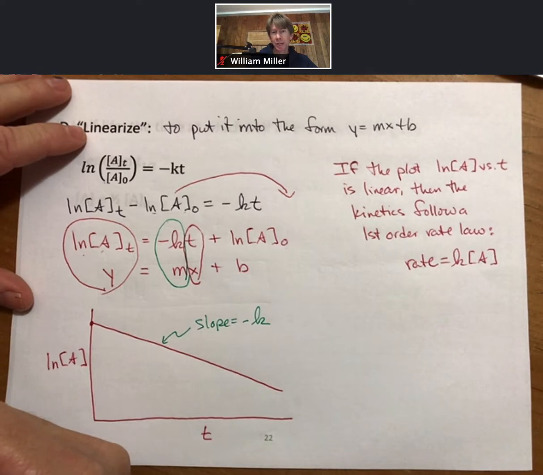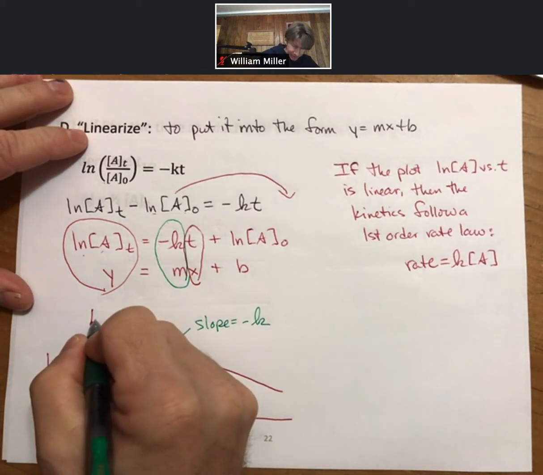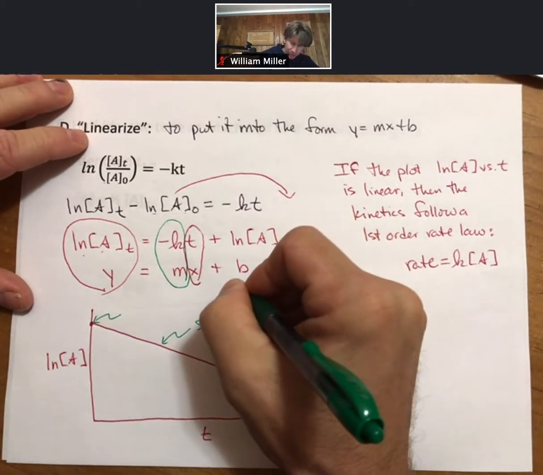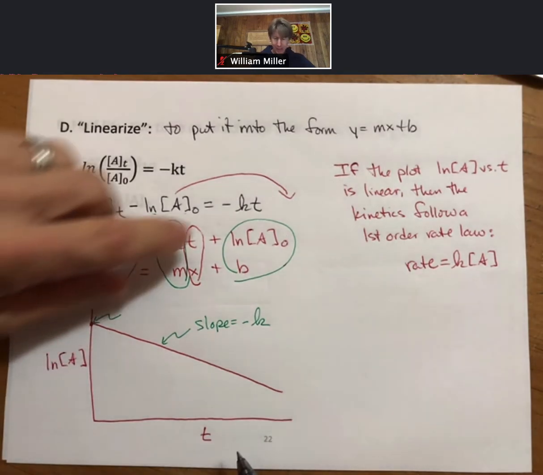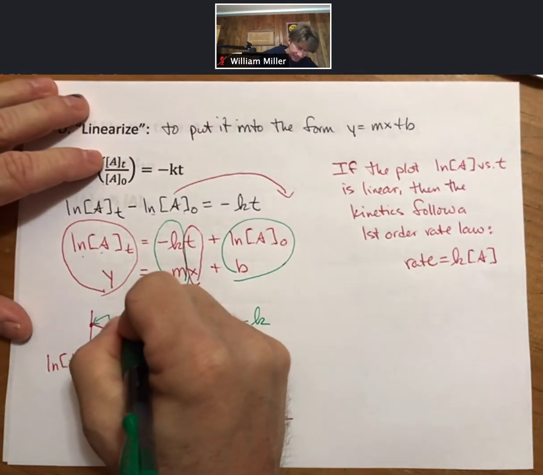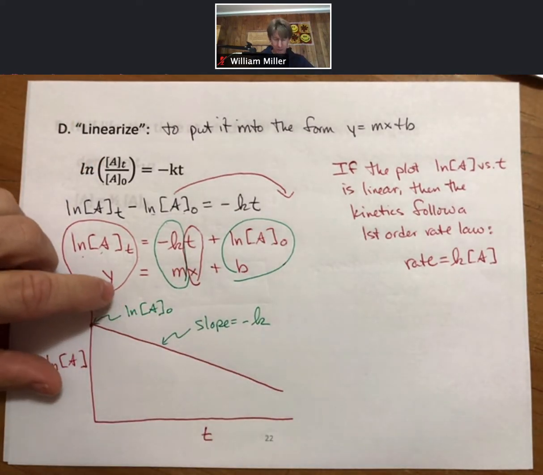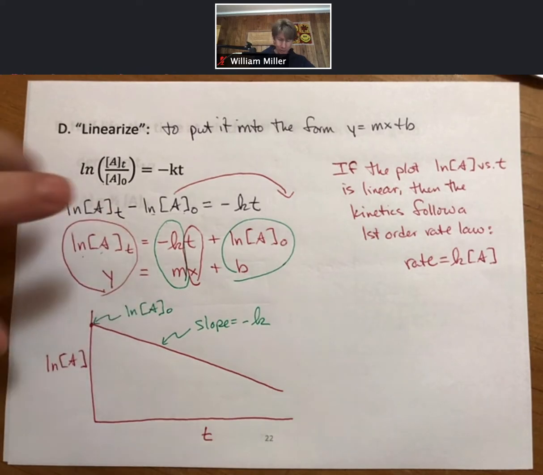So we can do a plot and get our rate constant. And here the y-intercept is the natural logarithm of the initial concentration. And I just want to write here, this is the y-intercept.